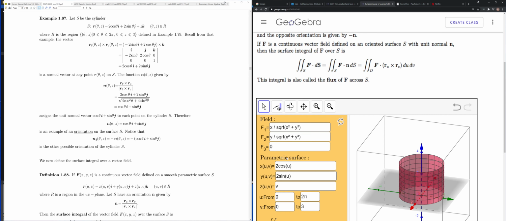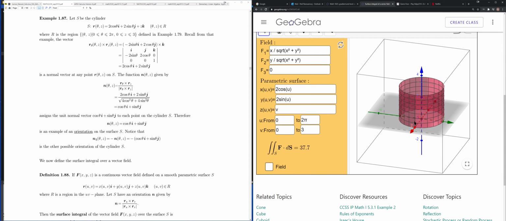What we want to do is assign a direction to this parametric surface. How are you going to do that? For simplicity, this cylinder has two standard directions.